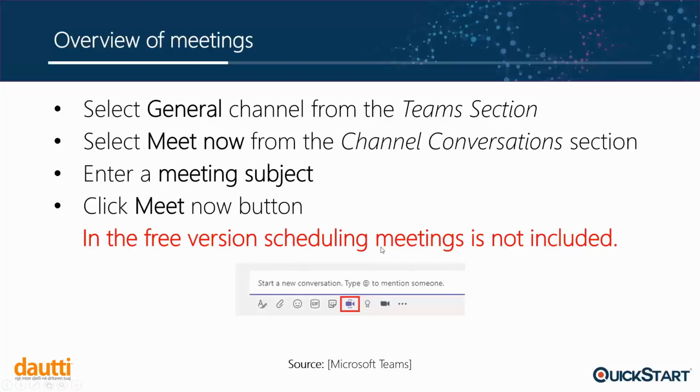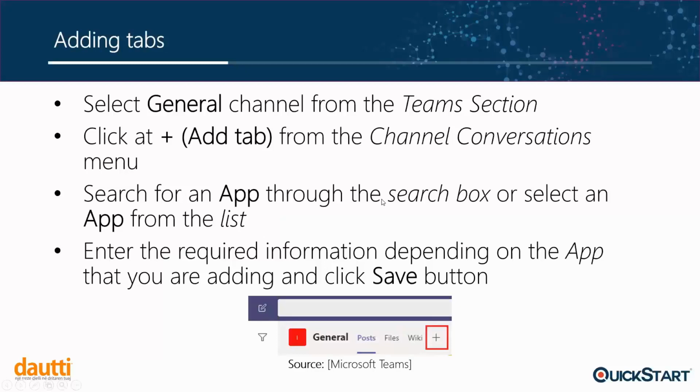But apart from scheduling meetings, the Meet Now feature is available. Also, you can add Zoom if you have it, but the free version is not working; it will work only with the purchase plans from Zoom as well. Adding tabs, we've seen how we add tabs.